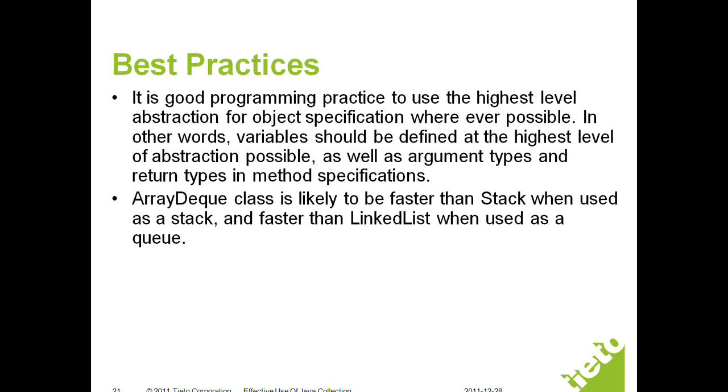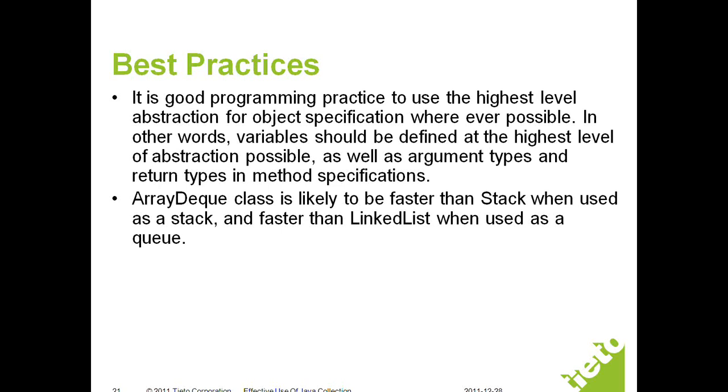It is good programming practice to use the highest level abstraction for the object specification wherever possible. In simple terms, all your references should be of a type of interfaces defined in the collection framework, and the object should of course be of a class type.